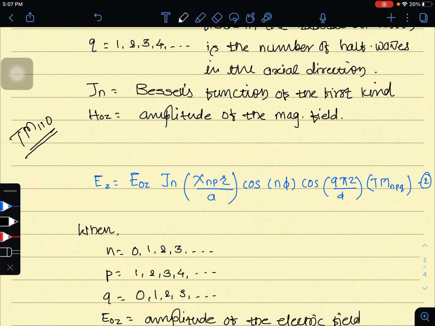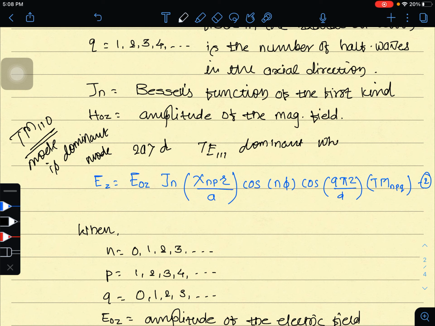That means the TM110 mode is a dominant mode, when 2A is greater than D. And TE111 is the dominant mode in the transverse electric mode when D is greater than or equal to 2A.